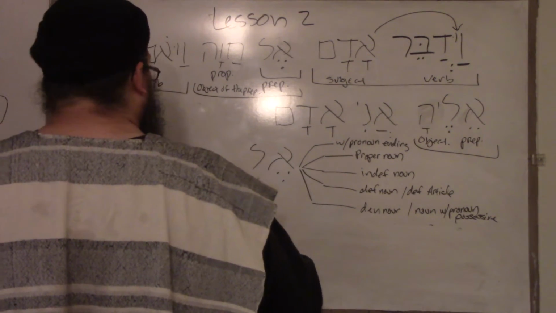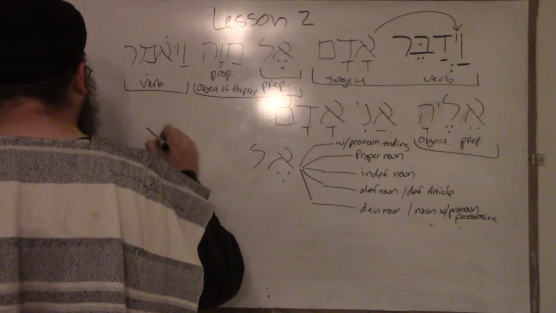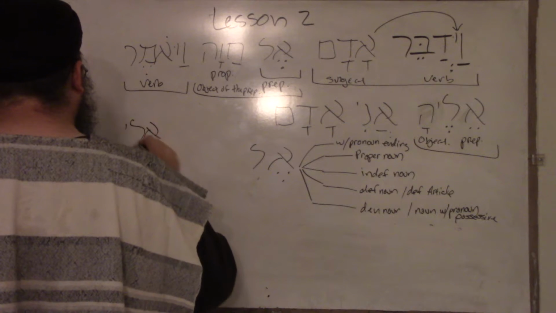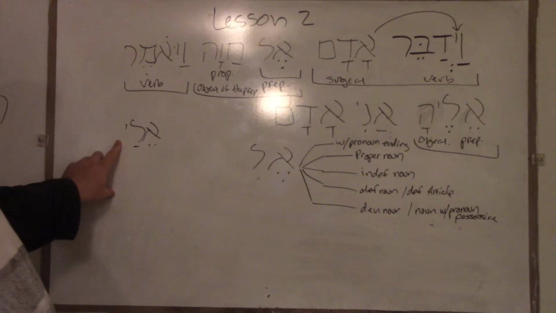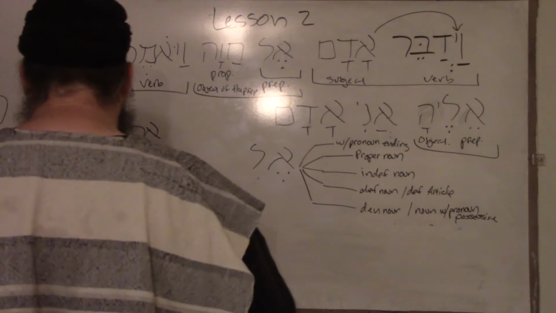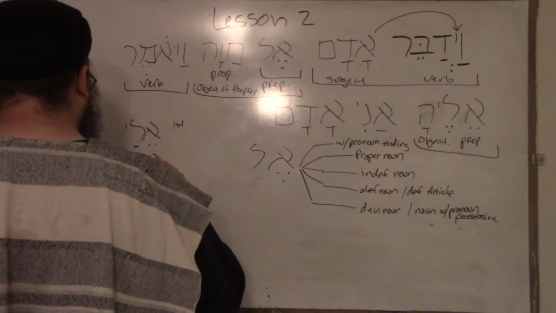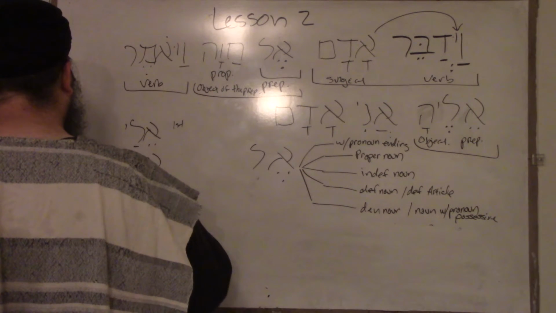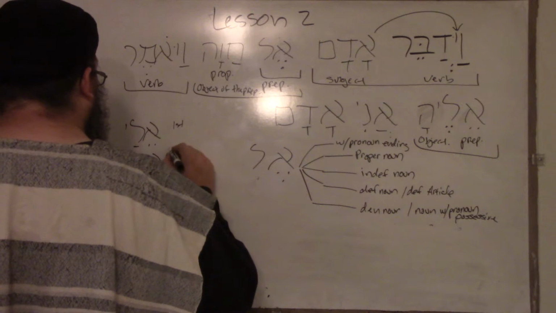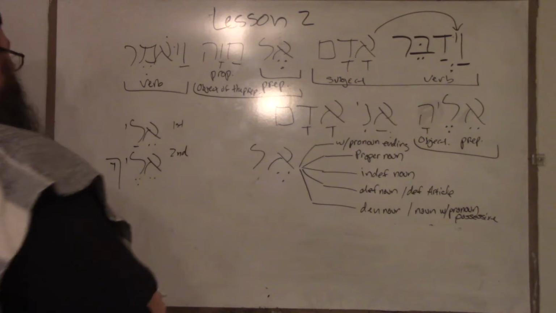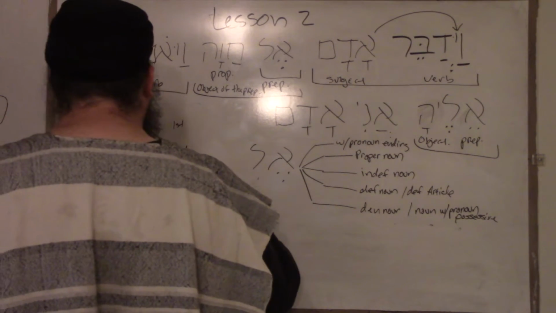So what are they? Okay, so I'll start over here. Eli, unto me. This is the first person. Elecha, unto you. This is the second person, and this is the masculine form.